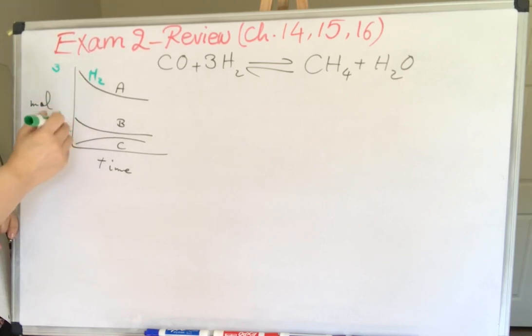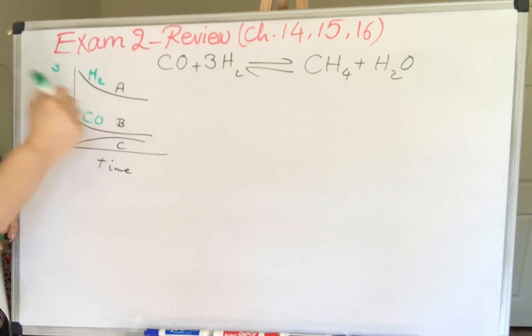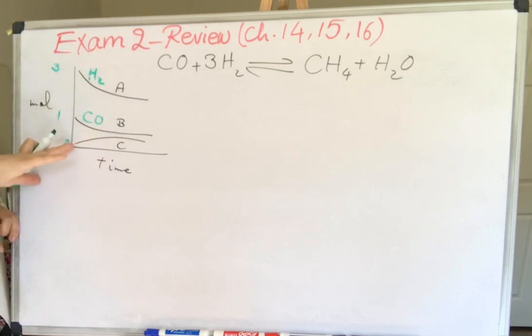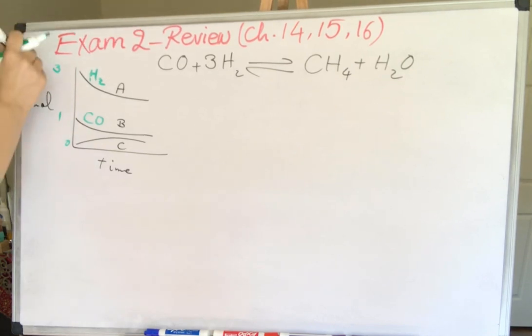So H2 is curve A and curve B is going to be carbon monoxide, and C is one of your products, which goes from 0 to the equilibrium concentration. So that's how you choose carbon monoxide. That was question number 1.